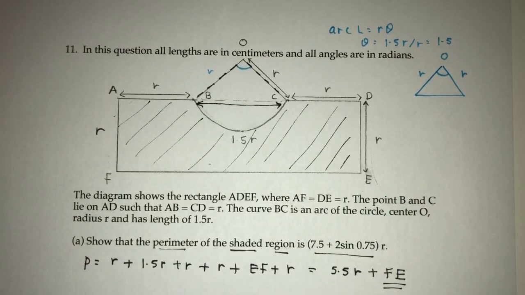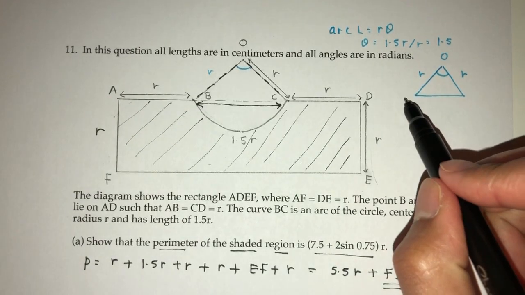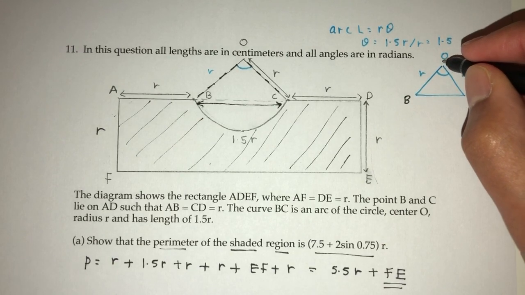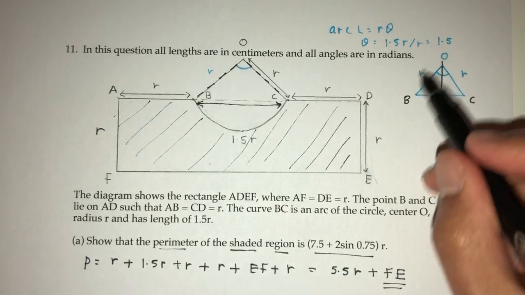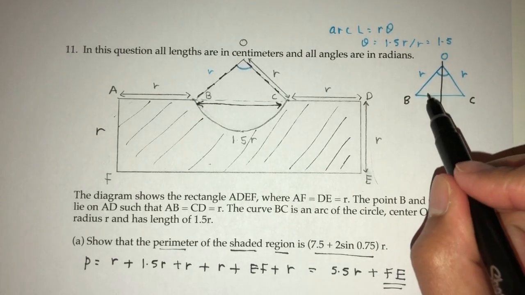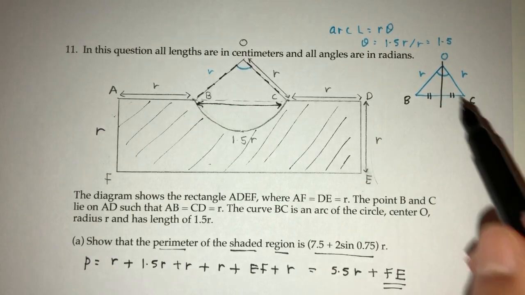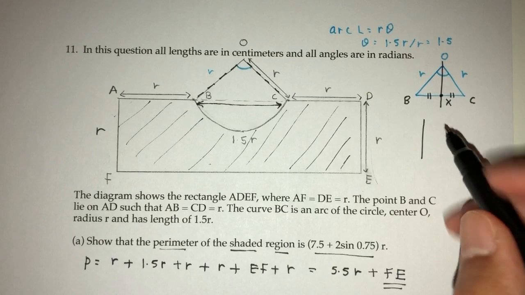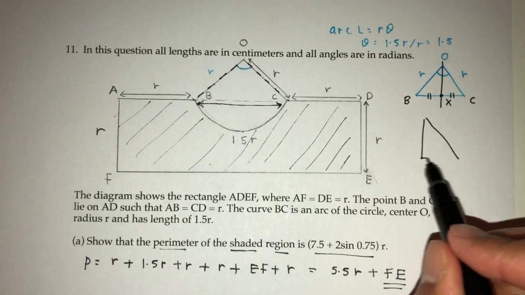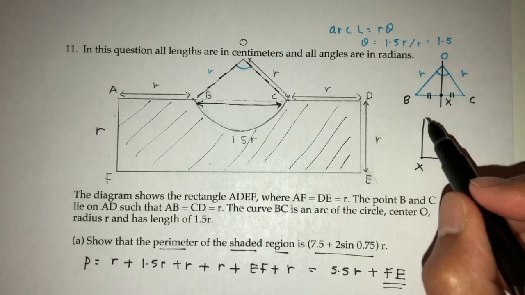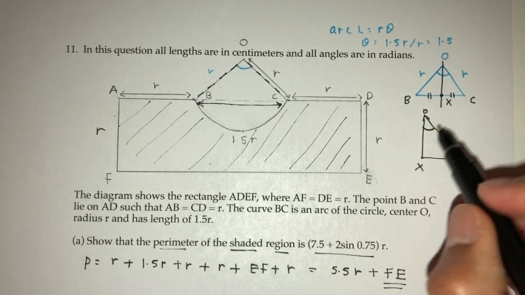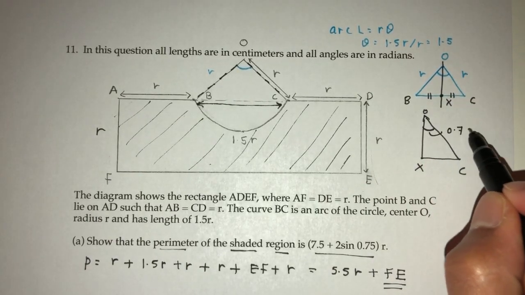Now, what we can do here, if you want to find this side BC, we can break it down into two parts, because these two are exactly the same. So these two lengths will also be the same. I call this one X. So right now you have another triangle, which is X, C, O. This one is half of this, which will become 0.75.